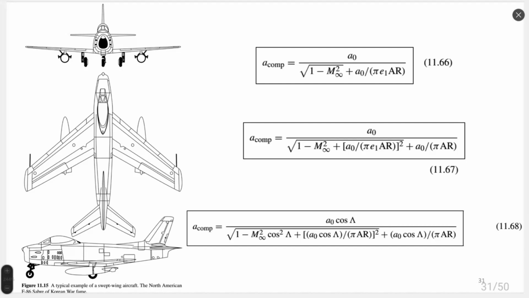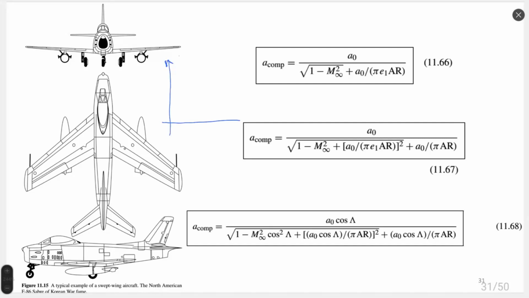Here we see equations 66, 67, 68, which describe the lift slope for such a wing. I would like to remind you that the lift slope is the inclination of the lift line versus angle of attack.